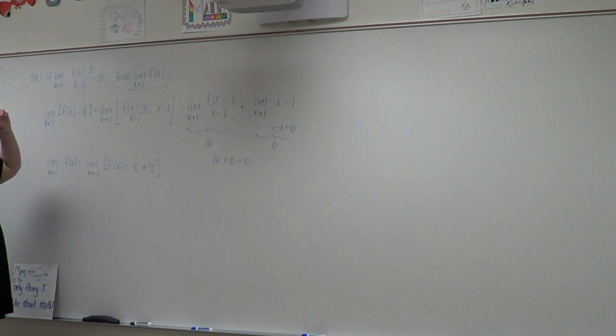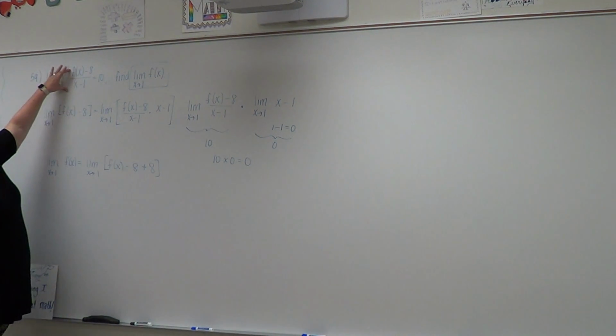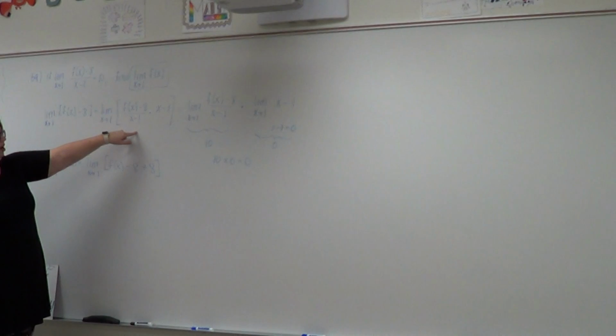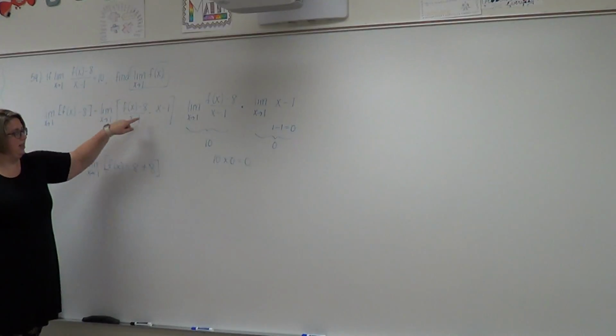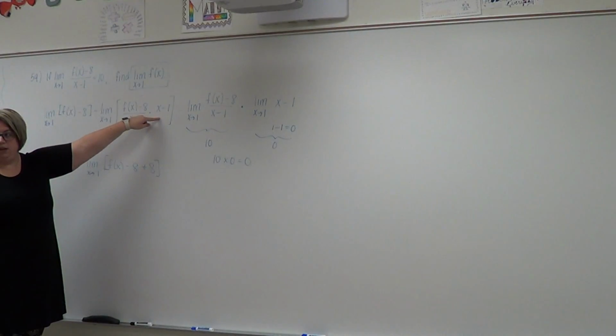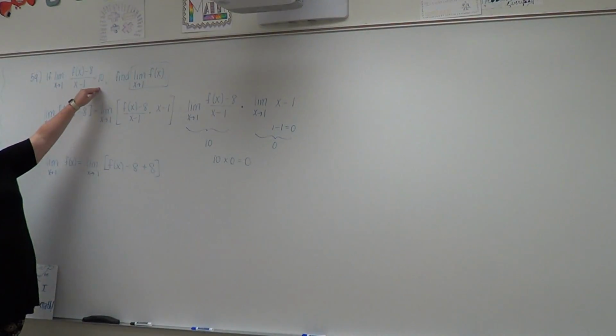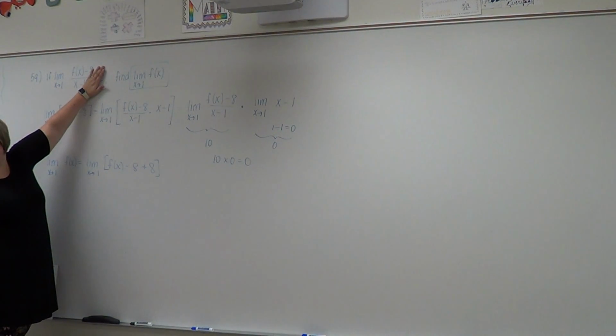So the first thing we can get rid of in a function like this is the denominator. If I already have the denominator in there, how I get rid of it is multiplying by that. Okay? So did you have to do that to the other side too, to make it equal? No, because this isn't really an equation. This is just saying the limit of this is that.